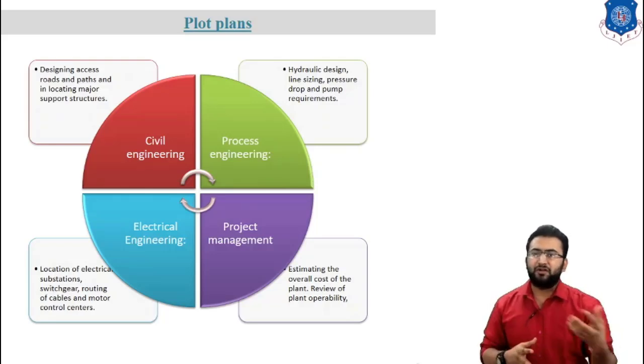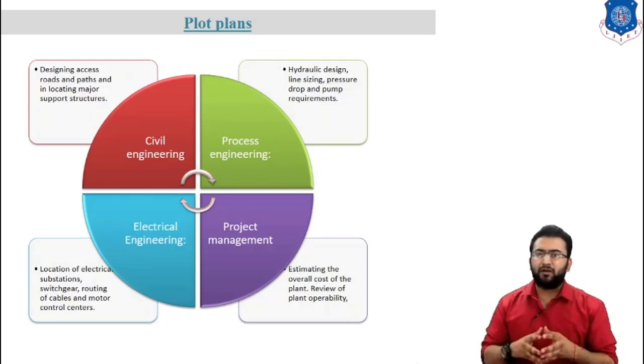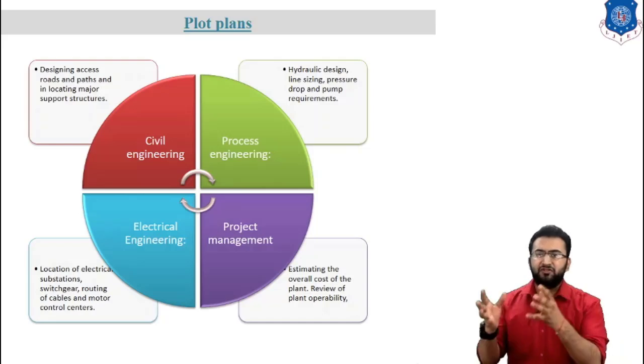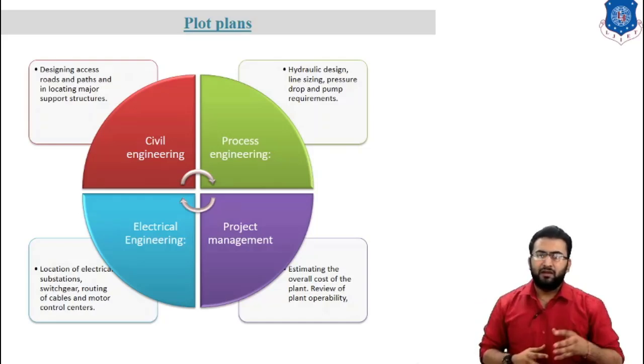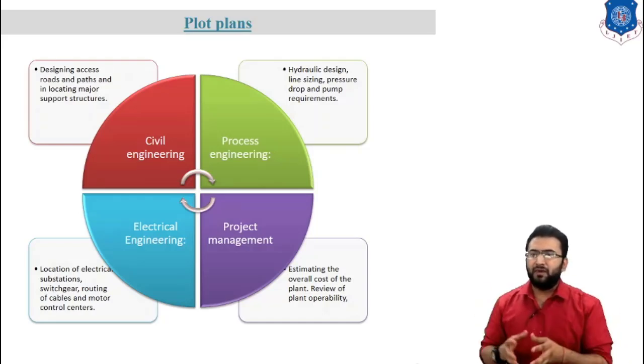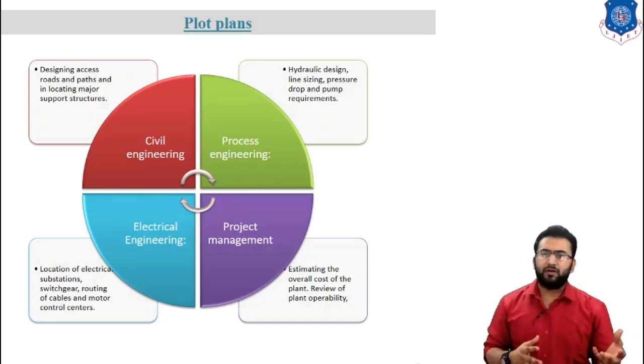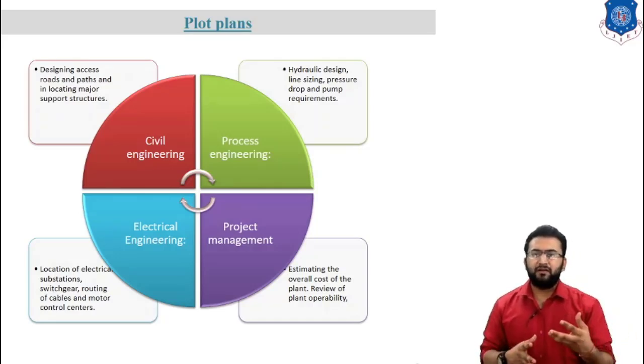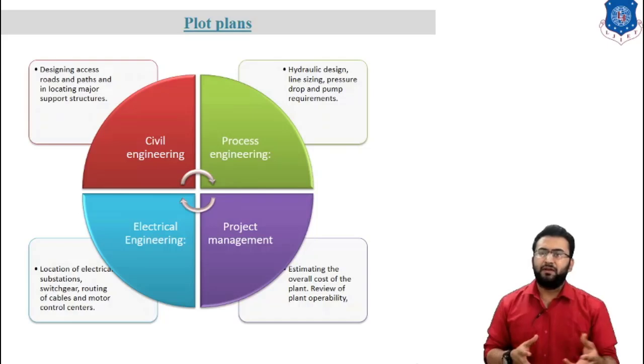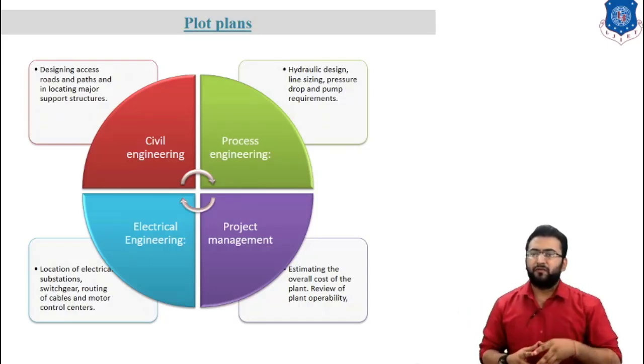Project management and scheduling engineers require it for orderly completion of engineering and construction activity, construction review and estimating the overall cost of the plant. Review of plant maintenance and safety with the client is also considered in project management.